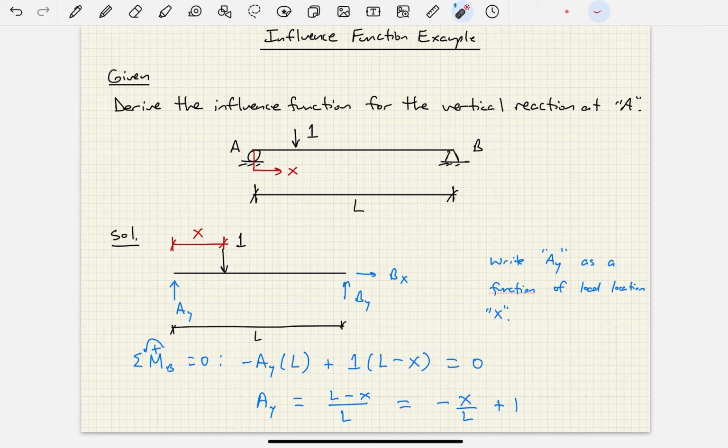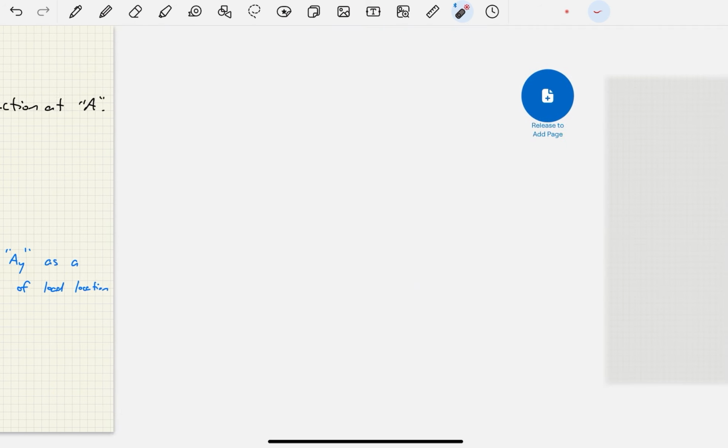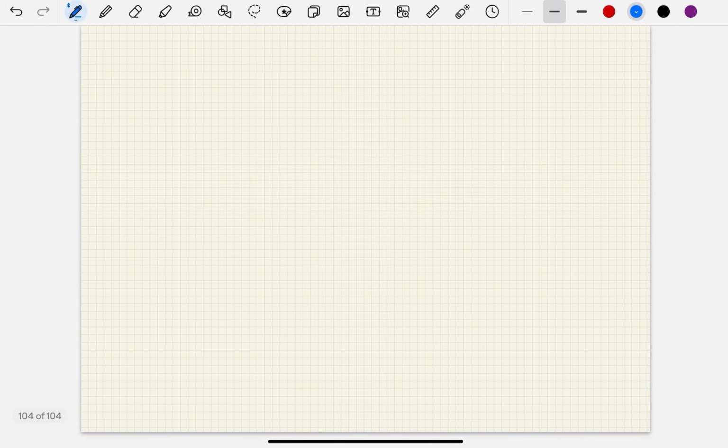Now, notice this is a linear function, right? This is a linear function with a negative slope and a y-intercept of 1. So if I wanted to sketch this, what would that look like? Well, I'm going to go ahead and sketch this out so we have an idea of what this could look like. So here's AY, here's X, okay?